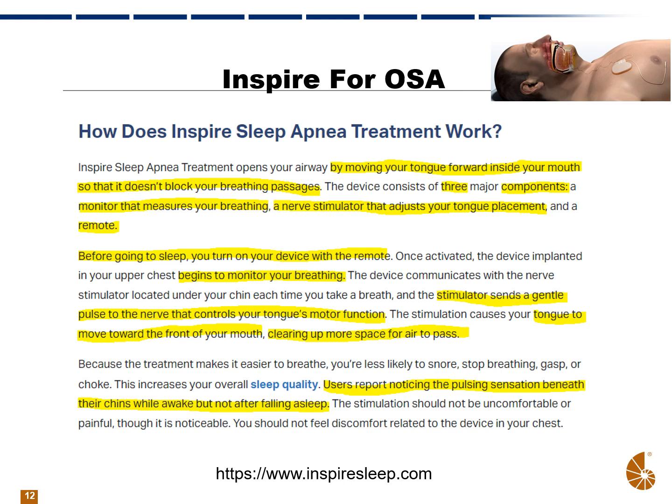This is that device I mentioned before about using Inspire for obstructive sleep apnea. So it moves the tongue forward by stimulating it.